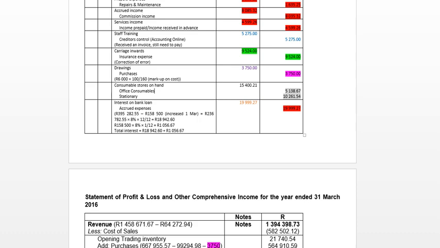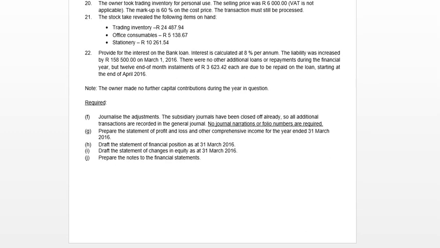And then our consumable stores on hand, being an asset, will increase in total by 15,421 Rand.